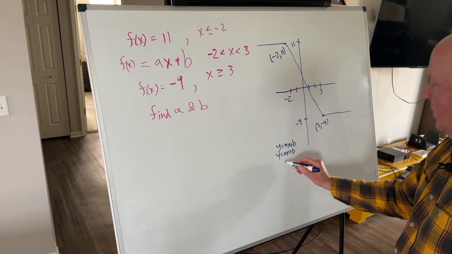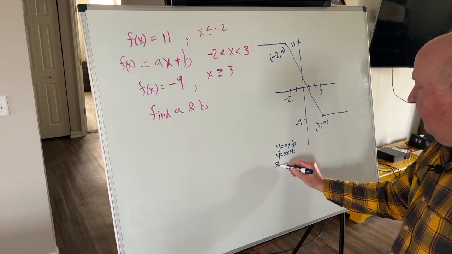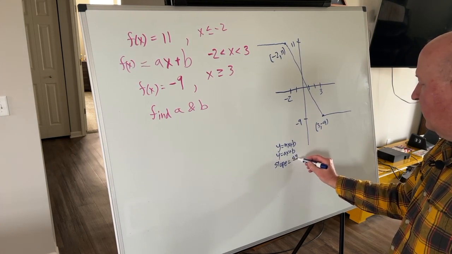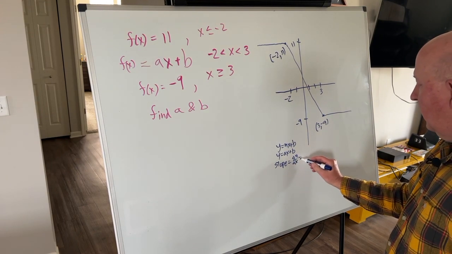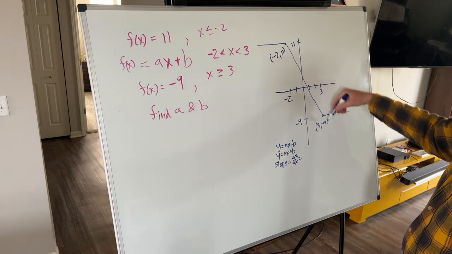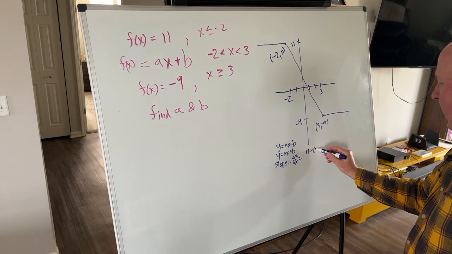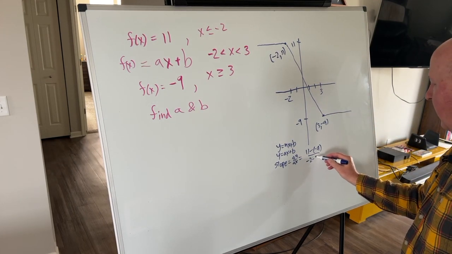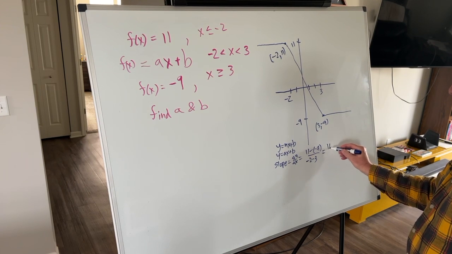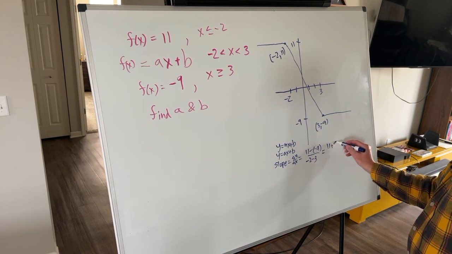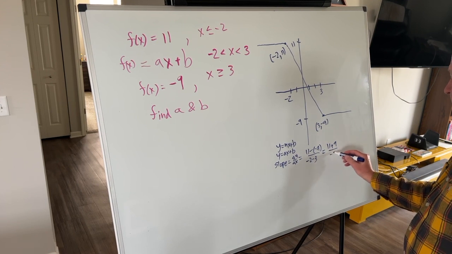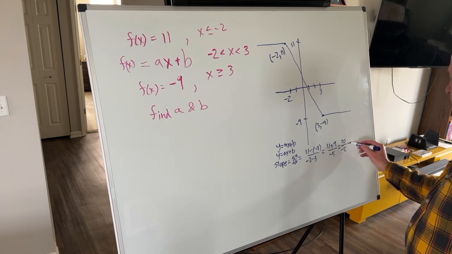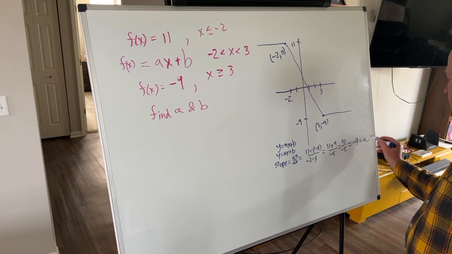The slope is rise over run, which is change in y over change in x. So in this case, it is 11 minus negative 9 over negative 2 minus 3. That equals 11 plus 9, which is 20, over negative 5, which is negative 4. And that equals a, which is your slope.